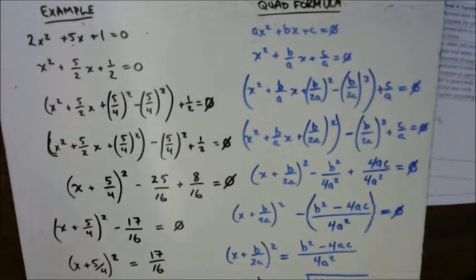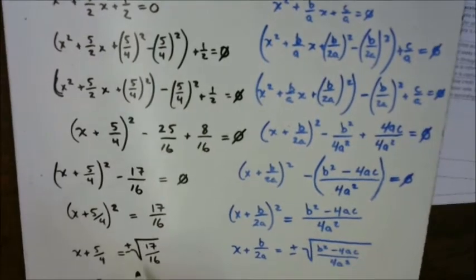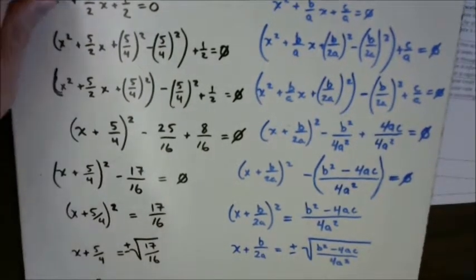Well, as it turns out, if I take the square root of this fraction, I'll just draw this out for you so that you can see it. You don't have to write this, but this is the same as saying the square root of 17 over the square root of 16. Well, do you know what the square root of 16 is? Of course you do. 4 times 4 is 16. So we've got x plus 5 over 4, and this right side of the equation reduces.